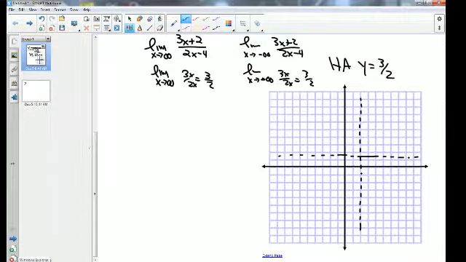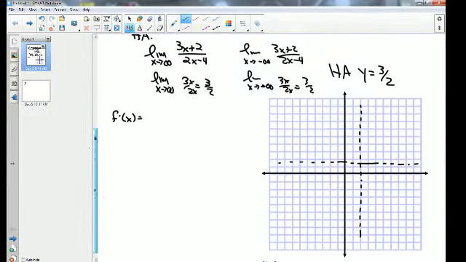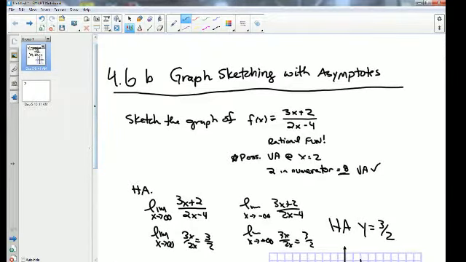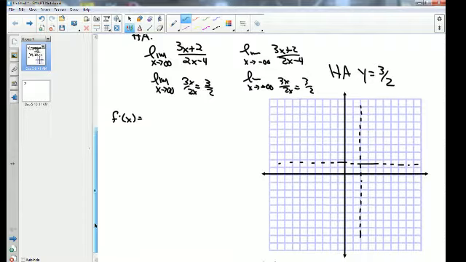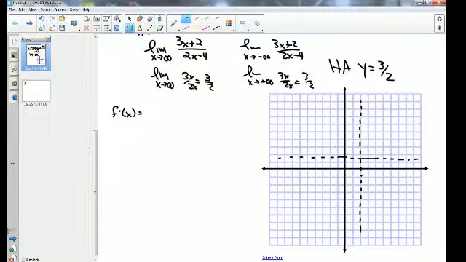Now we're going to use derivatives to determine positive, negative, increasing, decreasing, concavity, right? This is the quotient rule. Fortunately, it simplifies. So low, 2x minus 4 times... Wait, what are we doing this for?